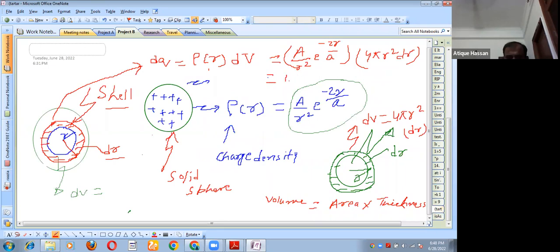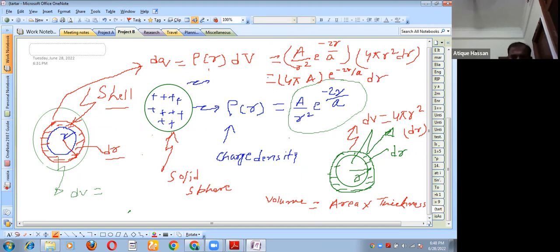So it will be 4 pi a e to the power minus 2r by a dr. So this is the value of dq.